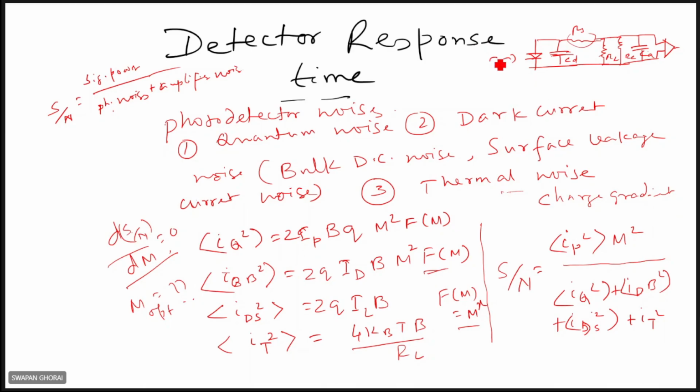So when the light falls on the photodetectors, you can calculate the photocurrent IP(t) that is generated at a certain instant t.